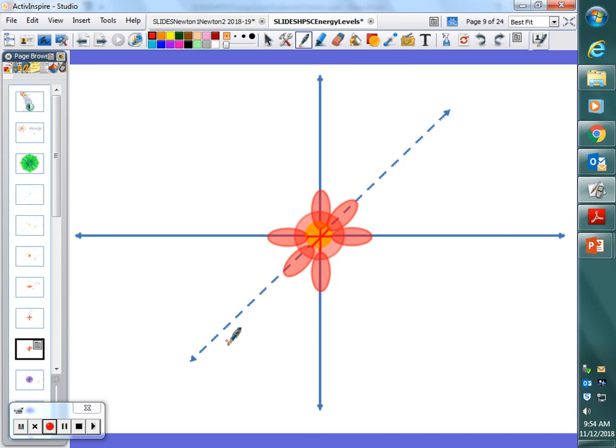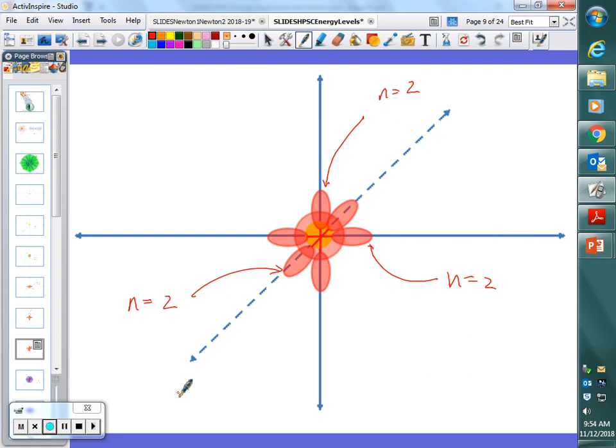All three of these orbitals, so we have one here on the x-axis, one here on the y-axis, and then one here on the z-axis, okay? They're all red, and that means that they're all in the second energy level, right? So they all have the same principal quantum number. n equals 2, n equals 2, n equals 2.